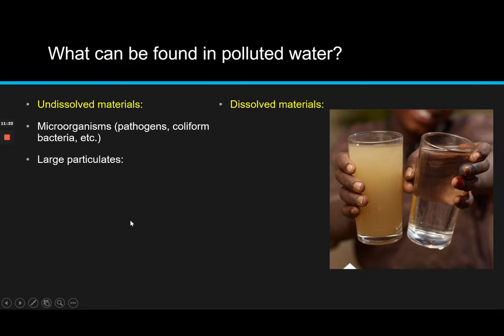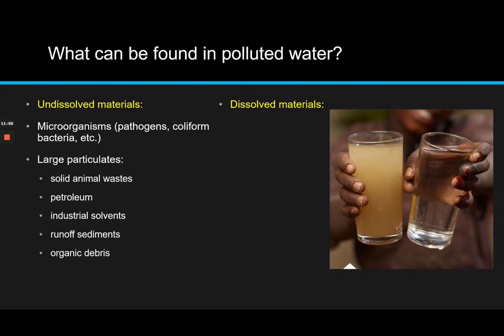Anything that's considered to be a large particulate or a large particle tends to be undissolved in polluted water. So we're looking at things like animal feces, so solid wastes, petroleum, industrial solvents, runoff sediments, so mostly particles found in soil that get washed up into the groundwater, organic debris, and garbage.